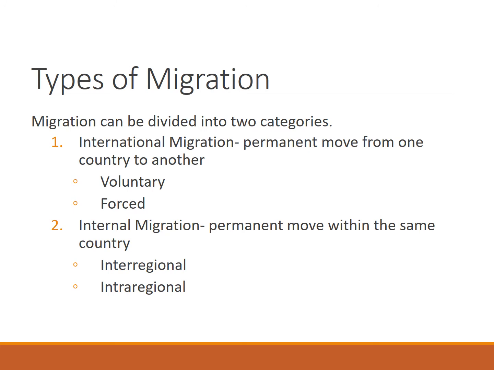Voluntary refers to migration where people decide to move, and that's usually to make more money. They could stay if they wanted, they could continue living their lives where they are, but they see a greater opportunity. Forced migration gives the sense that they don't have a choice.